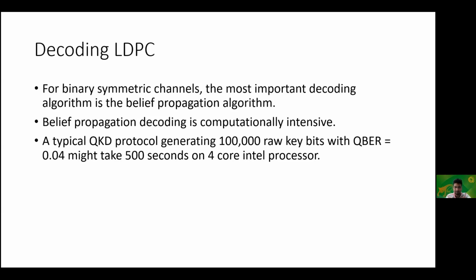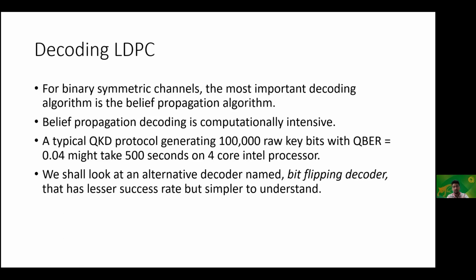For example, a QKD protocol that generates 100,000 raw key bits with an error rate of 0.04 might take 500 seconds on a 4-core Intel processor to correct the errors. So even after sending a message, you have to wait 500 seconds, which is 8 minutes, which is not ideal. But for QKD, you might have to because you want security there.